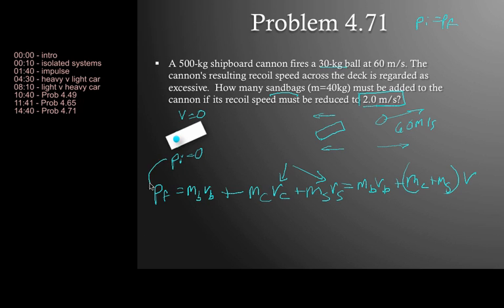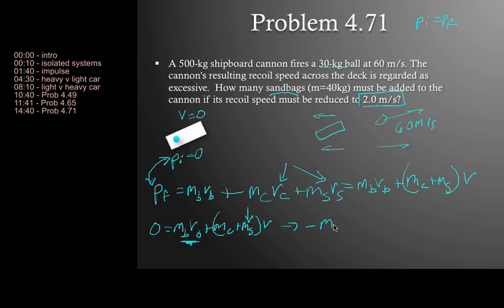So now we can set these two equal to each other. So we have 0 is equal to M cannonball, V cannonball, plus mass of the cannon plus mass of the sandbags total times that V. That's that 2 meters per second. So in order to solve for this mass of the sandbags, we need to bring the cannonballs over to the other side.